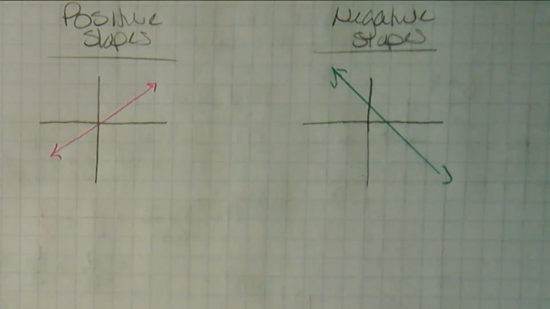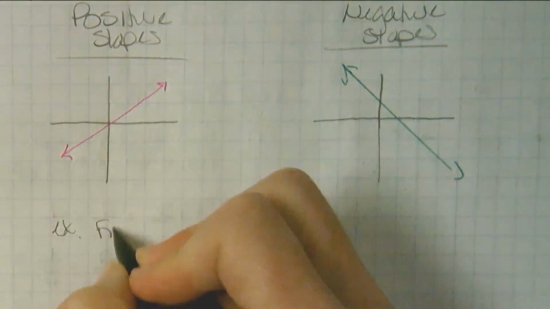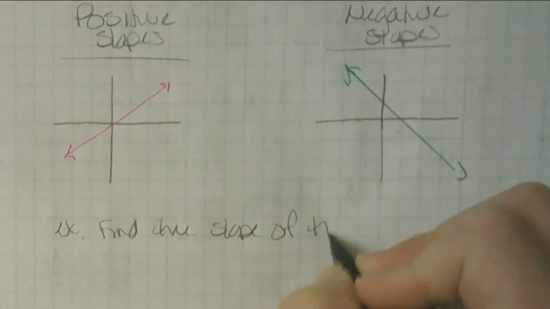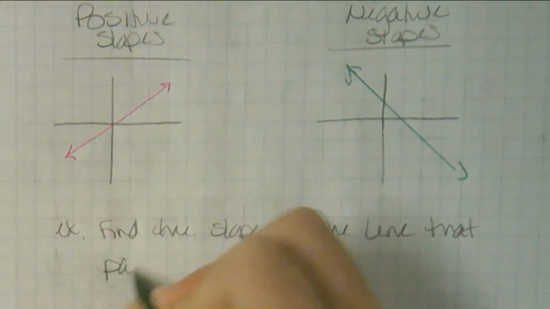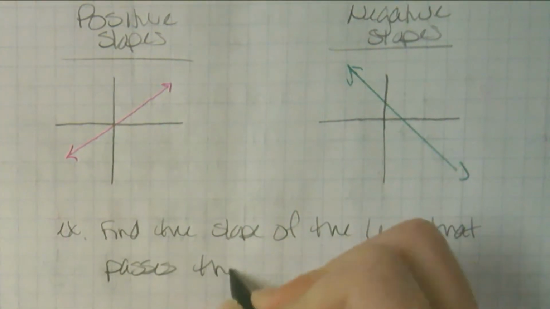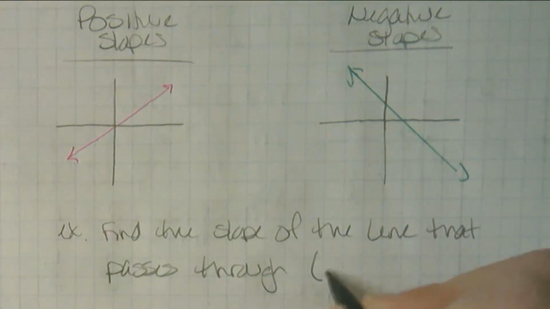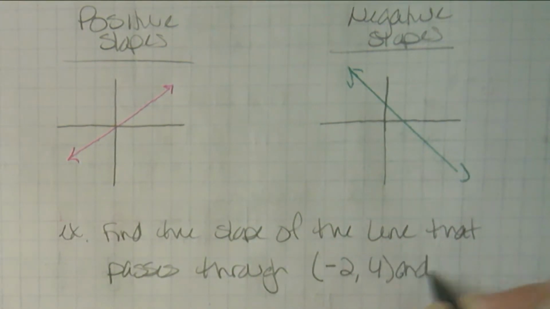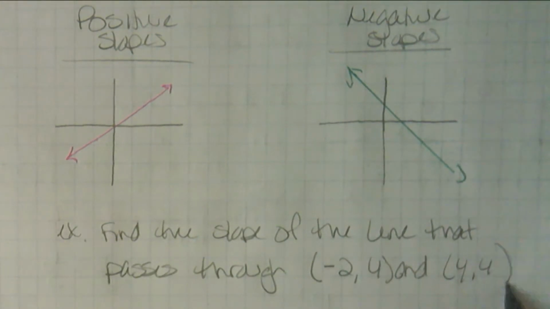All right, you cool so far? Okay, so what I want you to do is find the slope of the line that passes through negative 2, 4 and 4, 4.